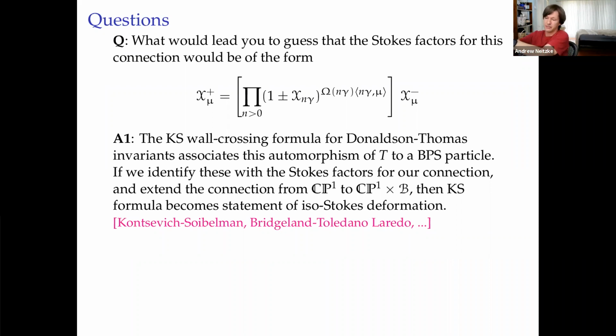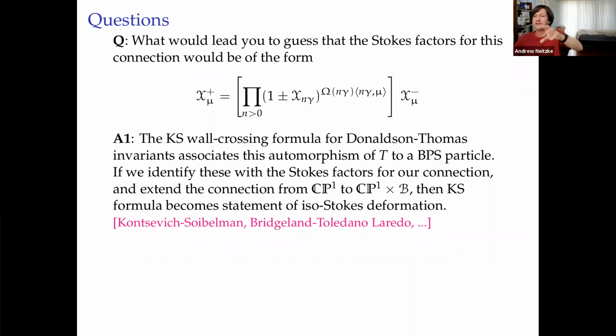The extension in the horizontal directions, the directions along the base, just comes from solving the Cauchy-Riemann equation. So it's a connection on the space of functions. The condition of being flat in the B direction is just a condition of being a holomorphic function. So in that way, you get a connection not just on CP1, but over CP1 cross B.